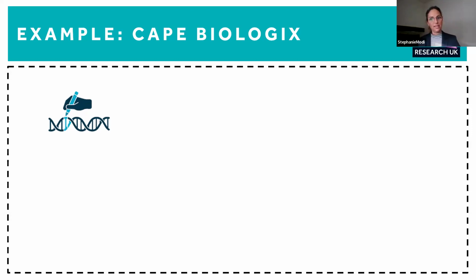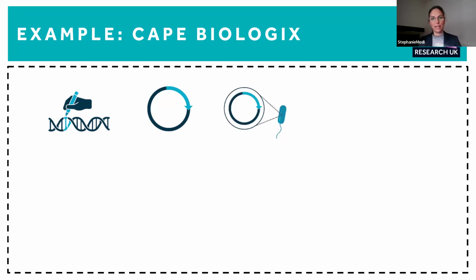So what they do is they synthesize this computer code into physical DNA. Then they pop it into a vector, which is like a carrier, and then they pop that vector into a bacteria. And we know that bacteria have the feature of being able to multiply and multiply and multiply.